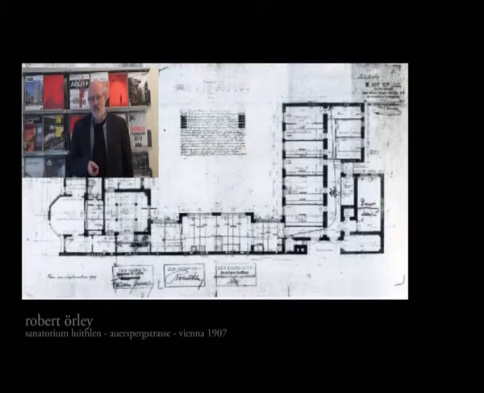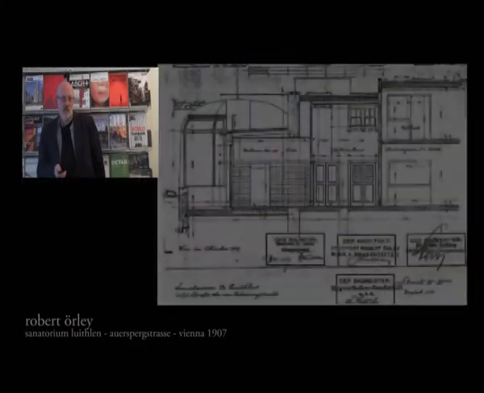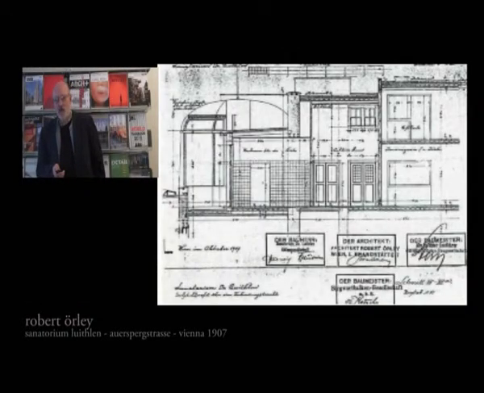This building was done by Robert Oerley in the year of 1907. This is 2 years before the famous house on Michaelerplatz from Adolf Loos, and was one of the most important buildings in Vienna of this proto-modern movement.